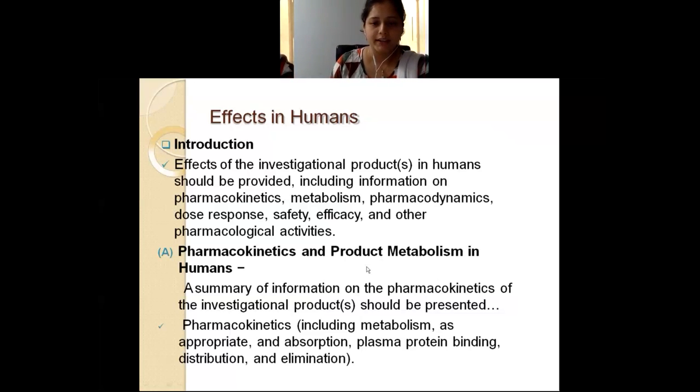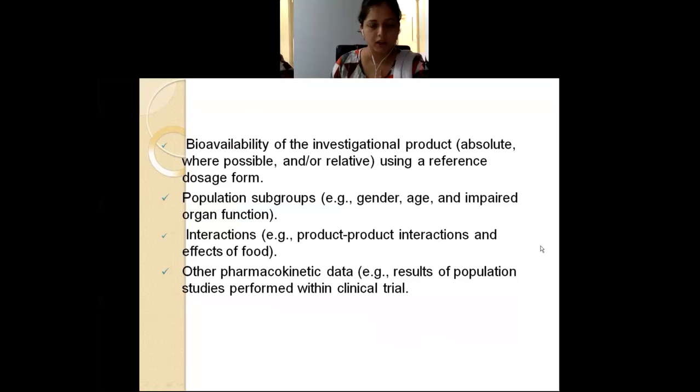So, pharmacokinetics and product metabolism in humans, which will be summarizing its pharmacokinetic profile. That is the drug metabolism, its absorption, any plasma protein binding, distribution, as well as its elimination. Bioavailability, that is either absolute or relative bioavailability.